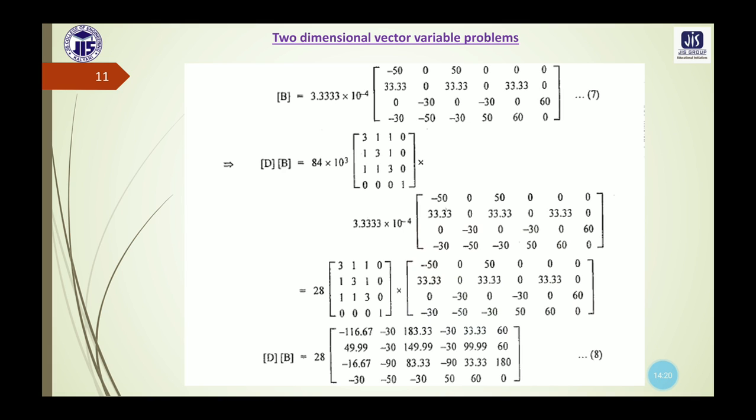So sincerely we need to perform this matrix multiplication, and we need to be very careful, and after several steps we will get the result of the multiplication of these two different matrices as the equation number 8. It is 28 multiplied by a 4 by 6 matrix.